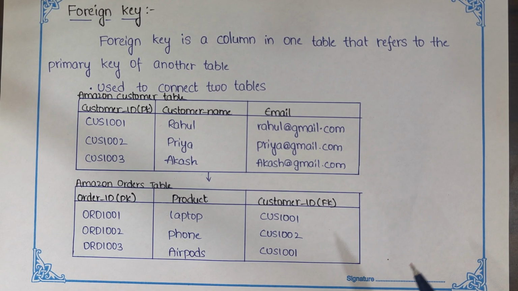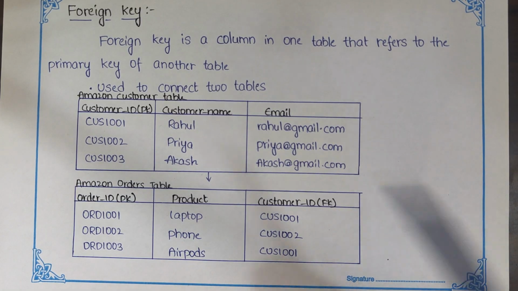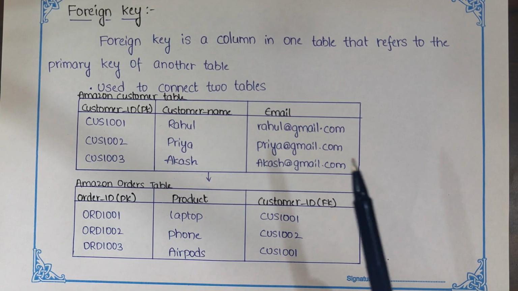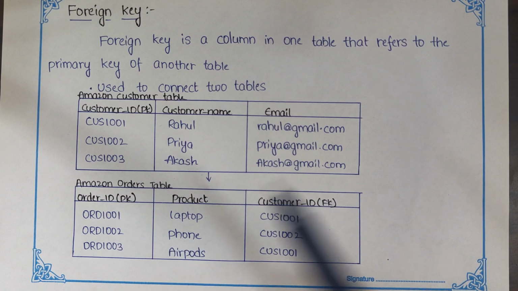So let's imagine Amazon having 1 million customers. If Rahul places 500 different orders, Amazon would store Rahul's name, city, phone number and address in each and every order record, the same information repeated 500 times, as he placed the order 500 times. This creates data redundancy, which means repetition of data. We keep on writing the same details again and again.